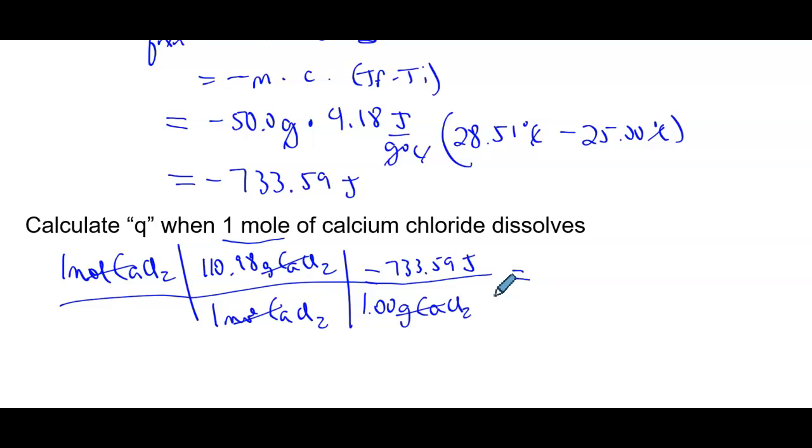So we're going to take 1 times 110.98 times 733.59, and then divide by 1, which is kind of redundant, and we don't need to really do it on the calculator. So we're going to get negative 81413.82 joules. So that's how many joules would be given off if we use, instead of 1 gram, 1 mole of calcium chloride.